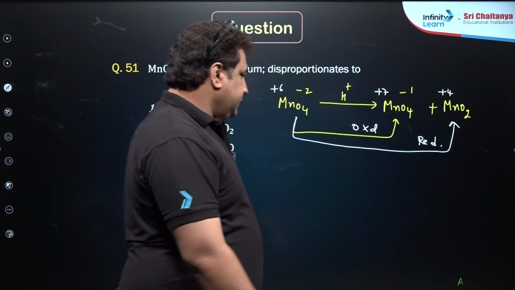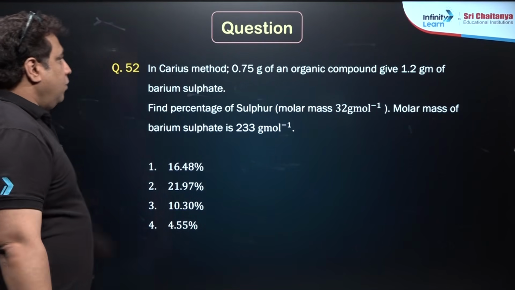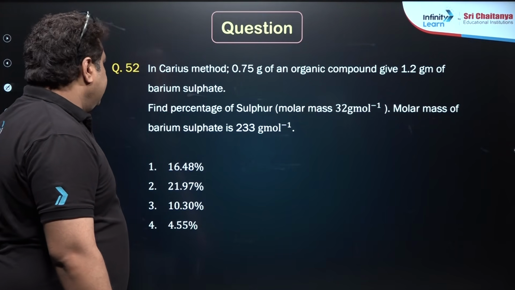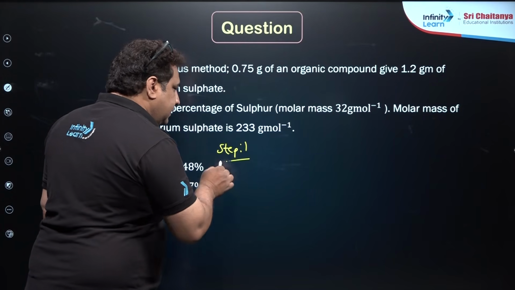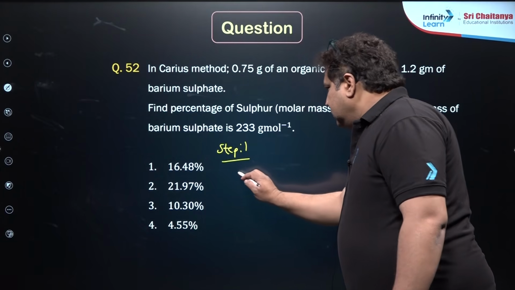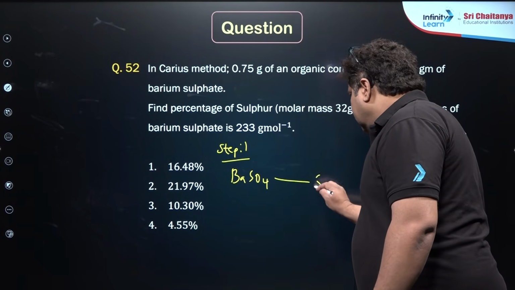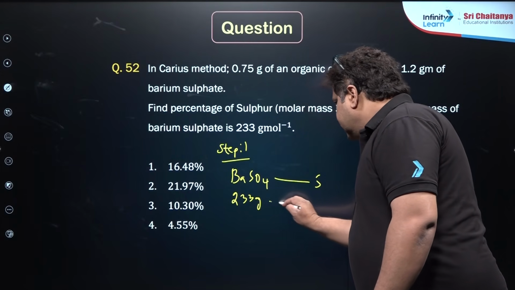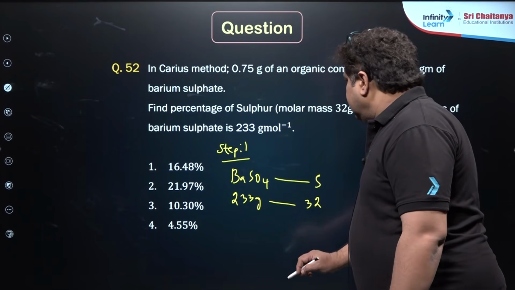Got it, dear students? Next, in the Carius method, 0.75 grams of organic compound gave 1.2 grams of barium sulfate. So what to do? Step 1, you have to take the reference. Barium sulfate has sulfur. So 233 grams of barium sulfate will have 32 grams of sulfur, right.